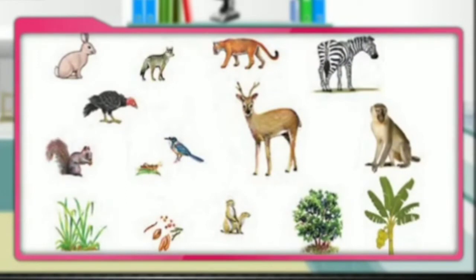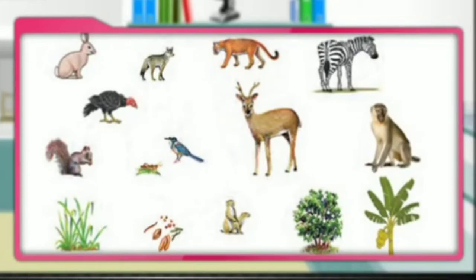So children, here there is a picture of organisms given. You need to construct a food web from those pictures. This picture is also given in your textbook. You need to do this activity, children.